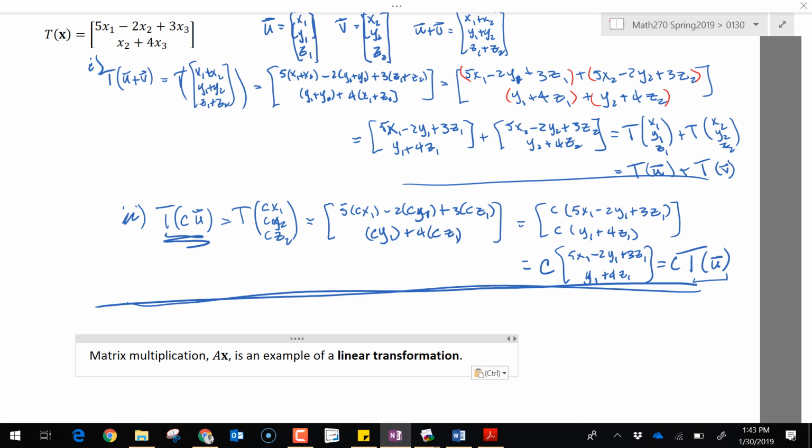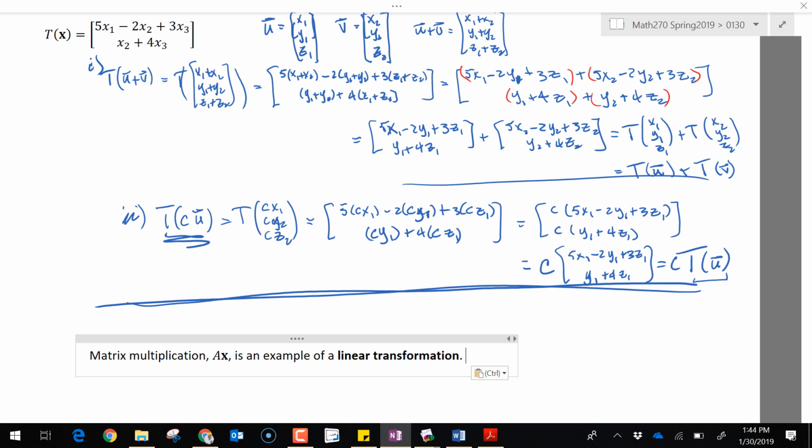And that's why the study of matrices is really important in linear algebra, because we're dealing with linear transformations and linear things, and matrices are the best way to describe or work with these linear things.